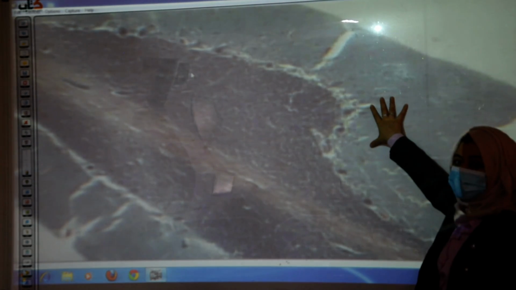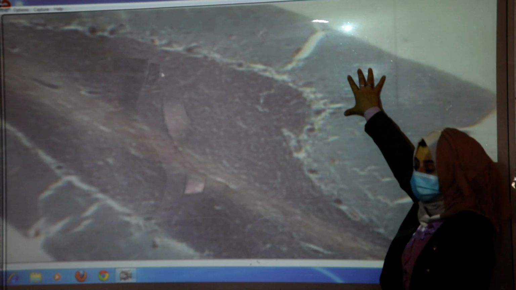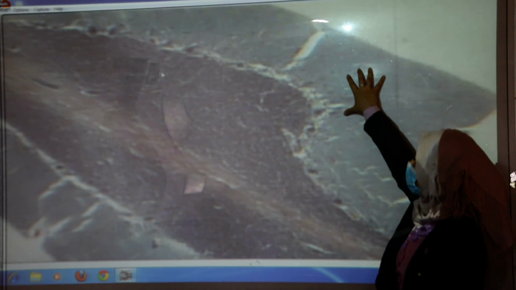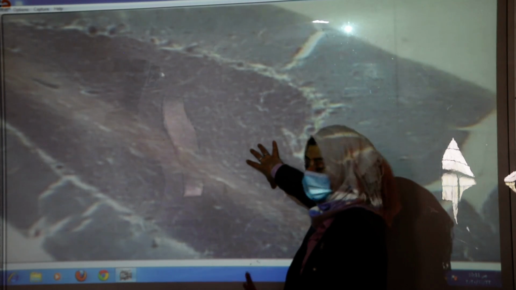The gray matter at the cerebellum consists of three layers, from outside to inside. From outside, it's called the molecular layer. The middle is the Purkinje cell layer, and the inner is the granular layer. So: molecular, Purkinje cell layer, and granular.